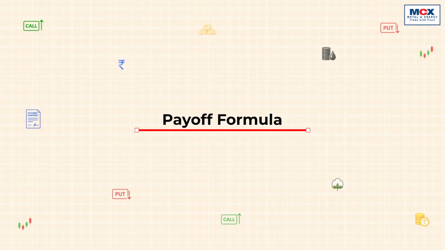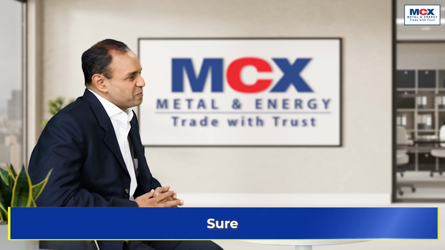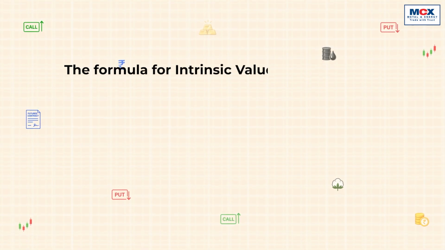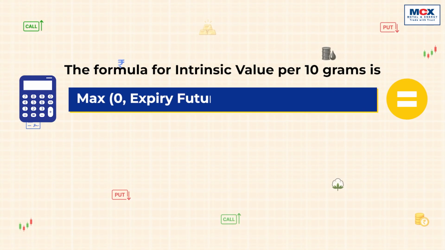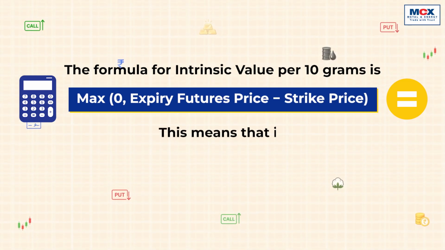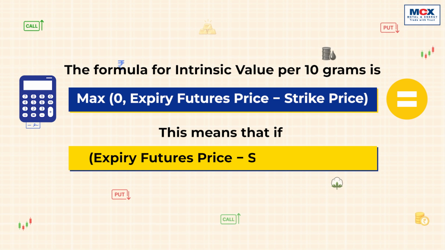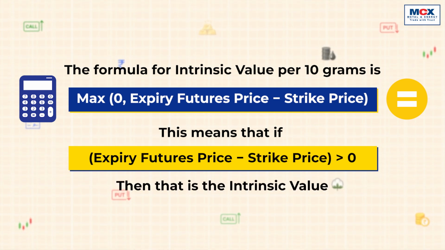Payoff formula. Could you explain the payoff formula and its importance? Sure. The formula for intrinsic value per 10 grams is max of 0 and expiry futures price minus strike price. This means that if expiry futures price minus strike price is greater than 0, then that is the intrinsic value.